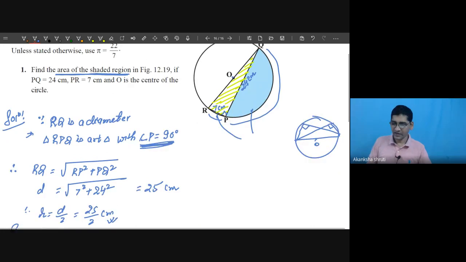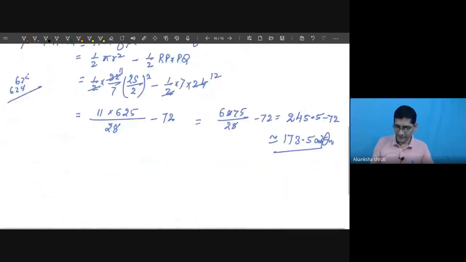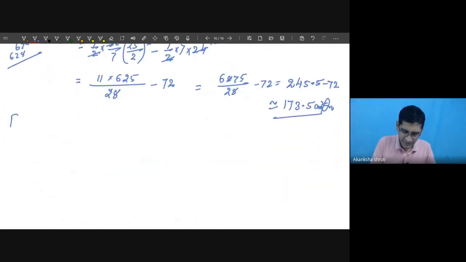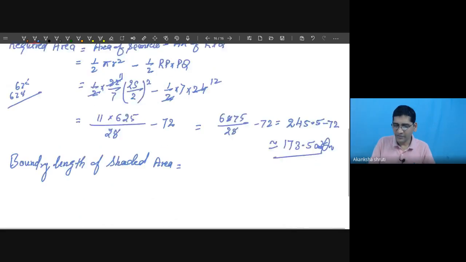So right, if only this much boundary length is asked, right here additional boundary length of shaded area is equal to how much, student?